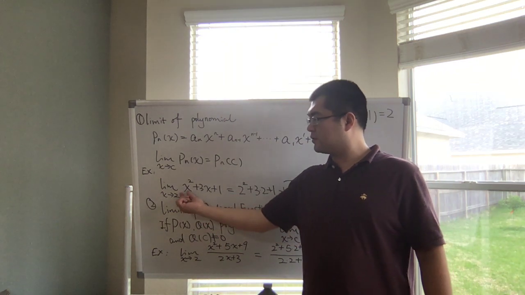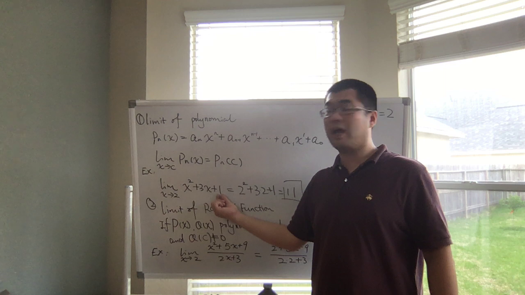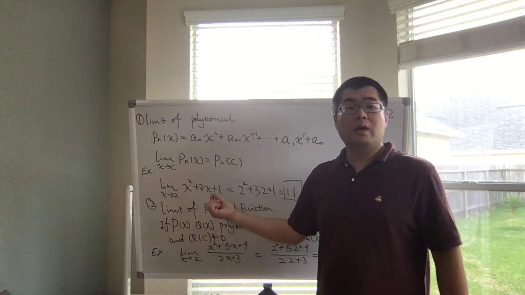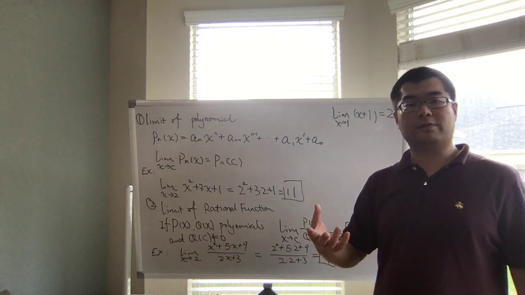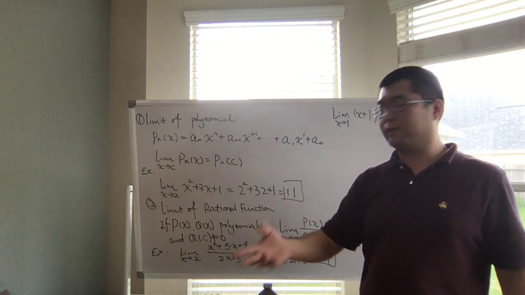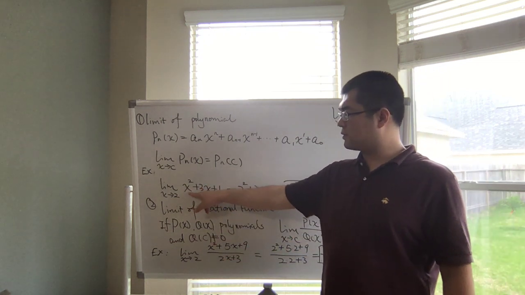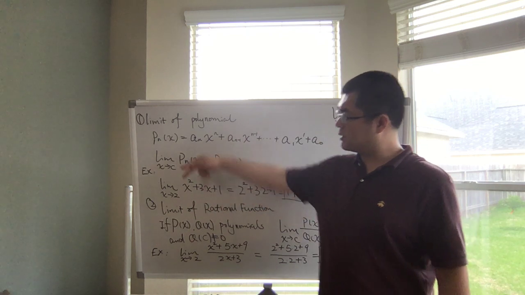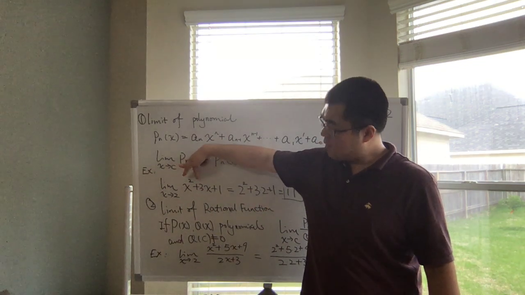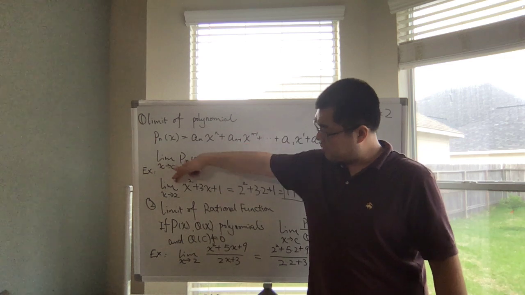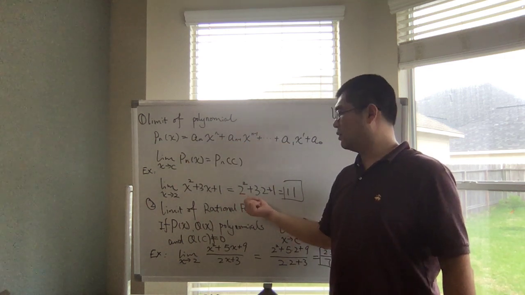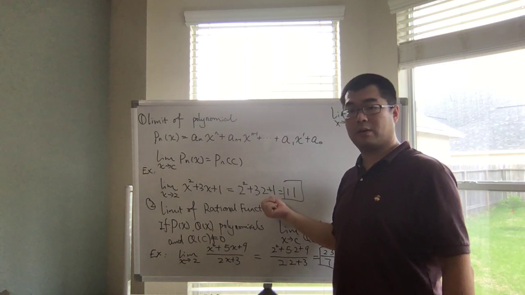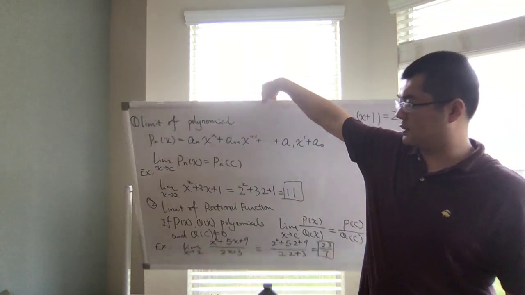If we treat this as a function, this last one is a constant function. Do you agree that we just learned the limit laws for sum or difference? So the limit of this one plus this one plus this one equals the limit of x squared plus the limit of 3x plus the limit of 1, which is 2 squared plus 3 times 2 plus 1. Okay, so that's one of the examples.